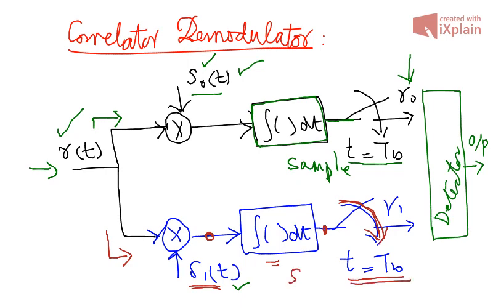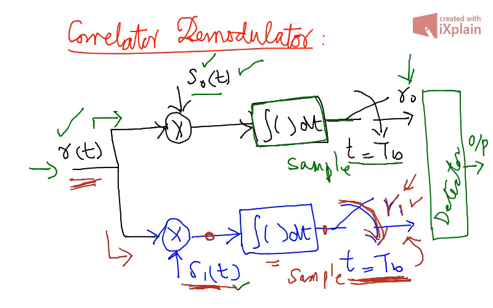This sample value is important, and it is r1. It is taken at t equal to Tb, an important instant. It measures the similarity of r(t) with S1(t), and that measure is given by r1.